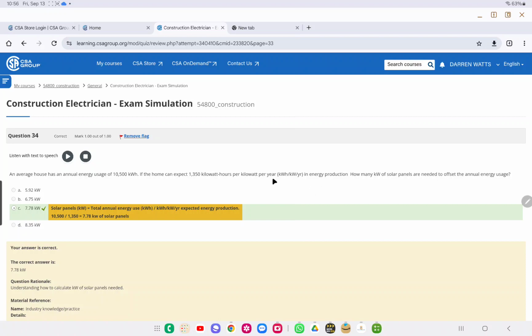The 1,350 kilowatt hours is the production of the solar panels, and the average house annual energy usage is 10,500. So we take our 10,500 and divide it by what the solar panels are creating, the 1350, and we're going to get 7.77.